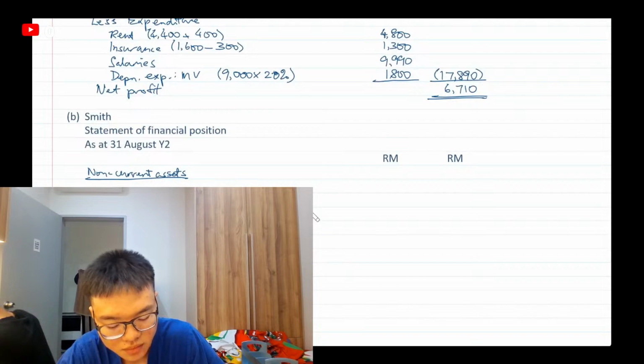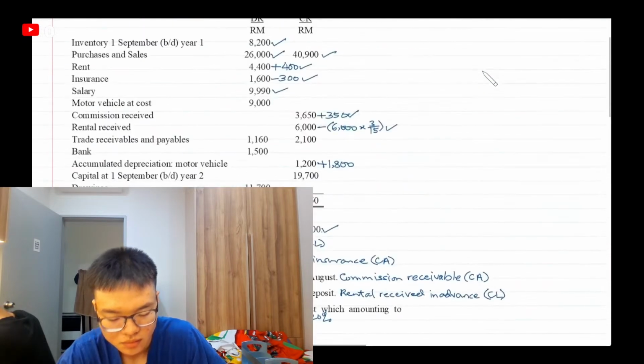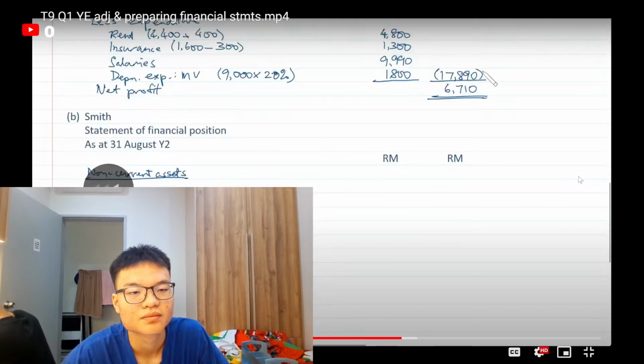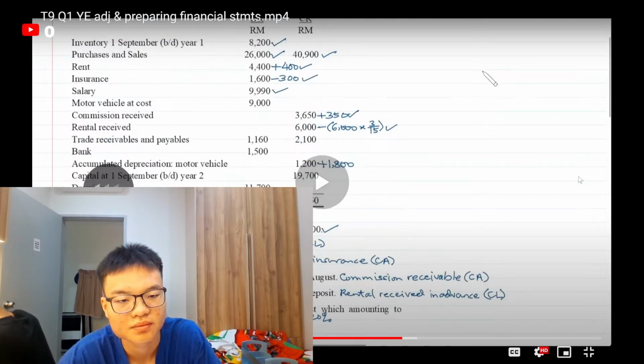We have only one non-current asset in this question. Now it says here at cost, but you don't write down the cost in this question.